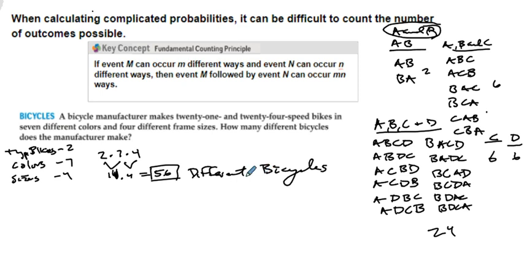If you didn't trust this answer, you could say, we've got a 21 speed bike and a color 1, and there are 4 different frame sizes: extra small, small, medium and large. And you've got 7 colors.